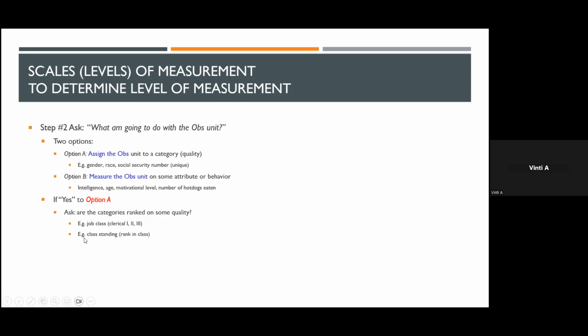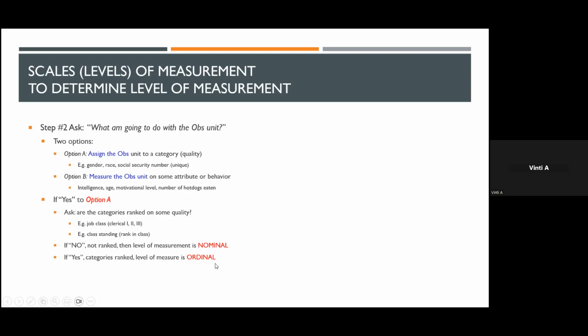For example, if it was a bus, I could rank it smaller, bigger, something of that sort. But if I am not, then the level of measurement is nominal, where I've just categorized it, A category bus, B category bus, C category bus. But if I am ranking it, then it is ordinal.